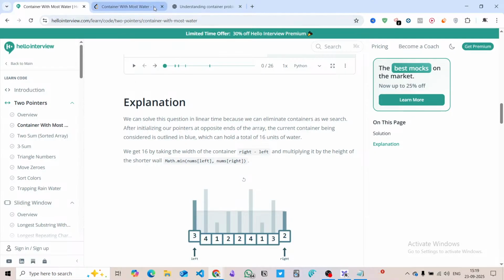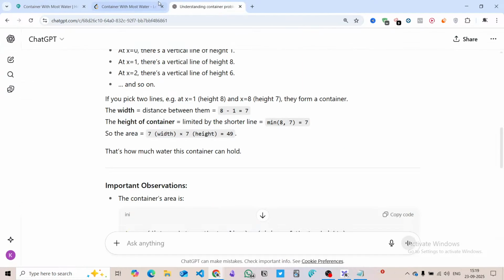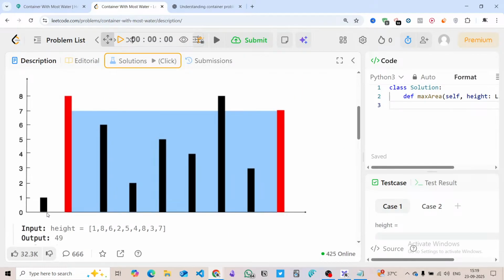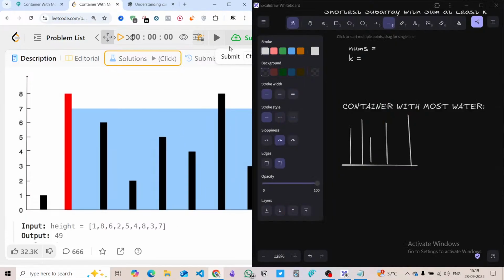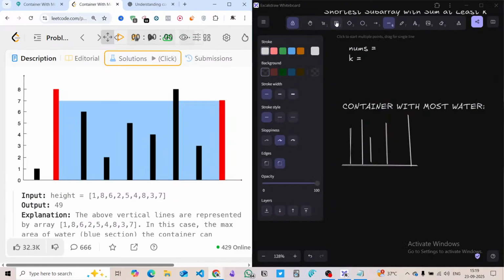So the width is minusing these two indexes, the zeroth index and the last index. 0, 1, 2, 3, 4, 5, 6, 7, 8. 8 minus 0 is 8. 8 times 1 is the answer. So I think it's a bit simple only.